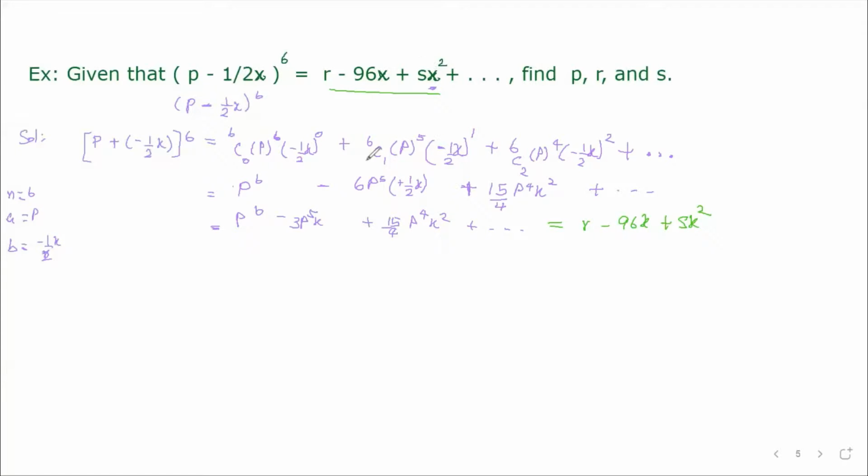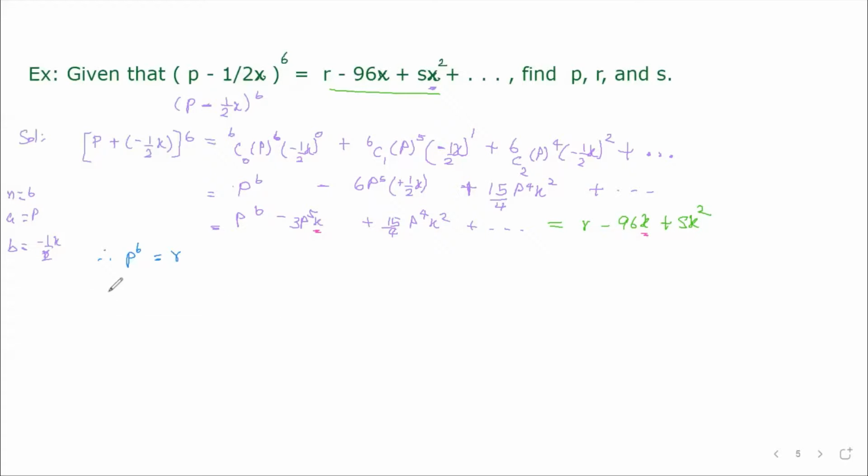Okay, so from this we can get p to the power 6 equal to r. This r is a constant number. From the identity, we have p to the power 6 equal to r, right? And then you see the term x and x here.